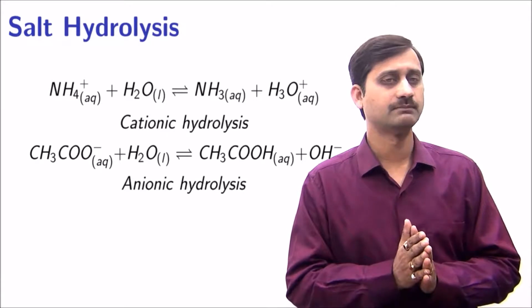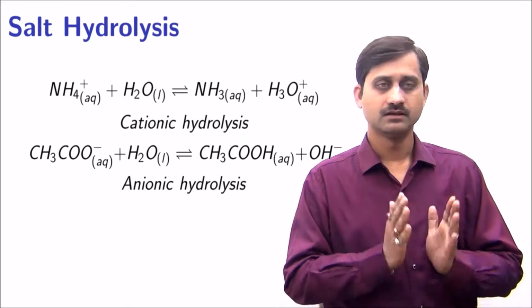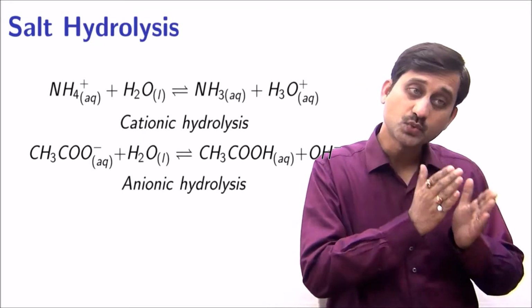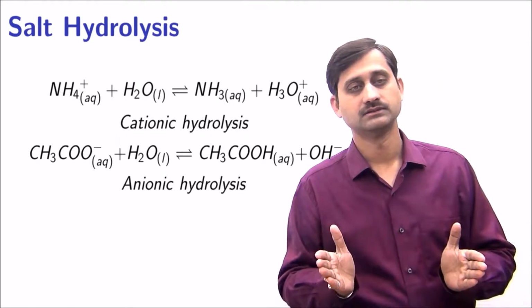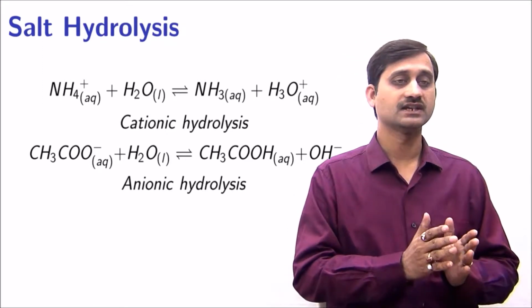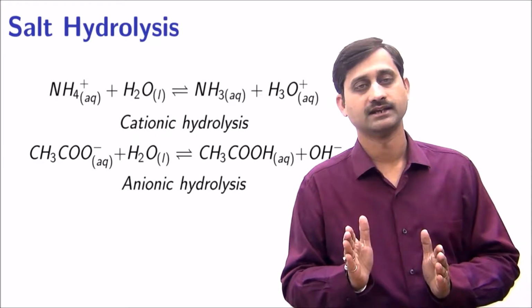A very specific example of this type is ammonium acetate. This is one of the rare salts which has equally weak acid and base part. This is one salt where the degree of hydrolysis is the same for the cation as well as the anion.